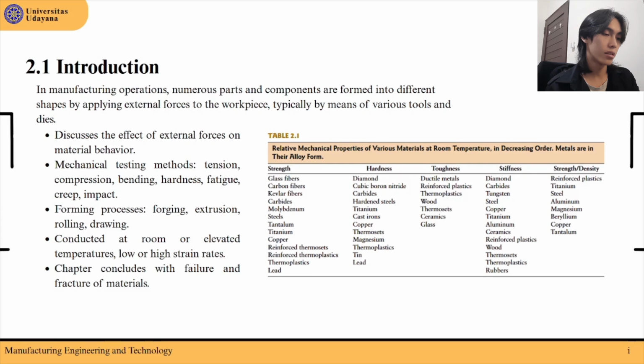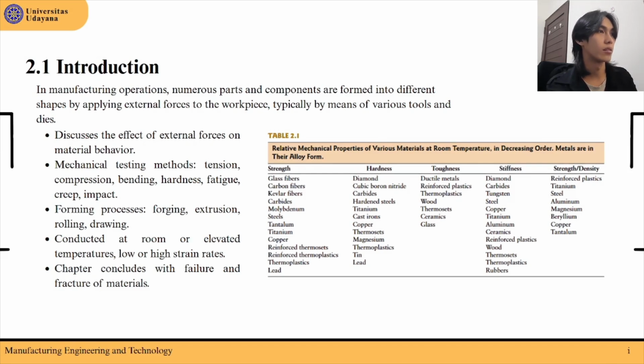These tests are important because forming processes like forging, rolling, and extruding rely on understanding mechanical behavior. This chapter ends with a discussion on material failure and fracture. Okay, so that is just the introduction for me.